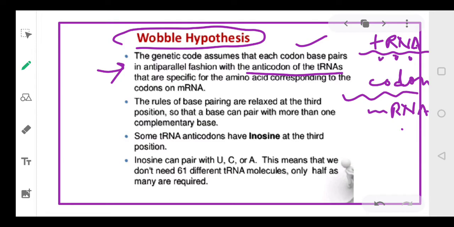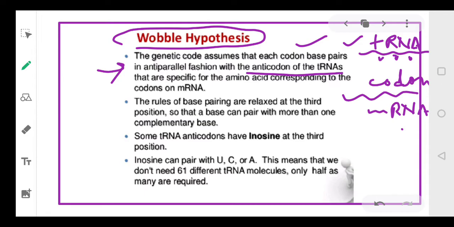And these anticodons, they will pair with the codons, and correspondingly the specific amino acid will be formed. So anticodons, they are present on tRNA, and codons, they are present on mRNA. Clear? Is it clear? So anticodons, they have always the complementary sequence to that of the codon.